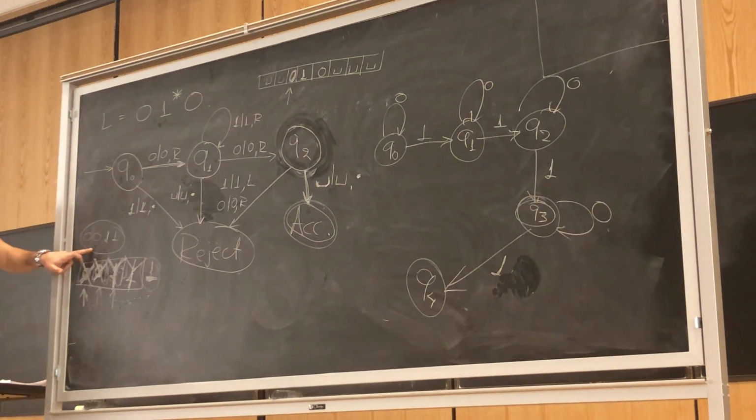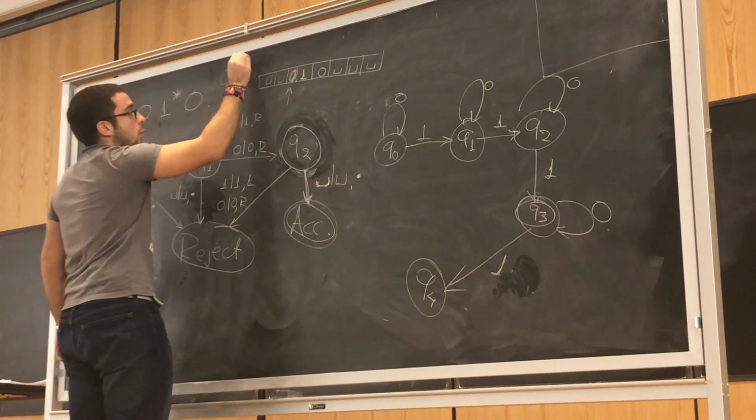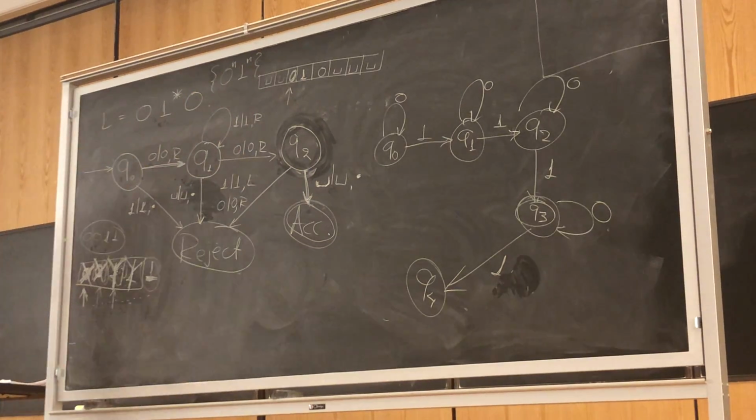And this language, 0 to the n, 1 to the n, should work for any number n, not just 3. If I need 0 to the third and 1 to the third, I can design a DFA that will do that. It's really easy. Okay. No matter what number, anything that is predefined is easy to design. Are we all fine?